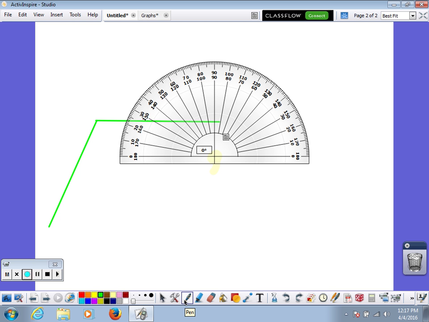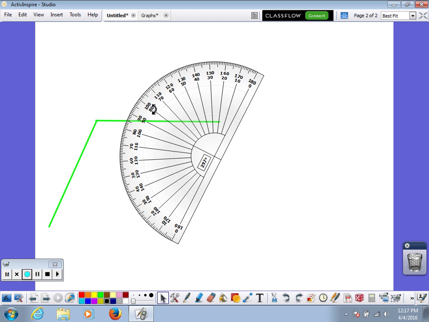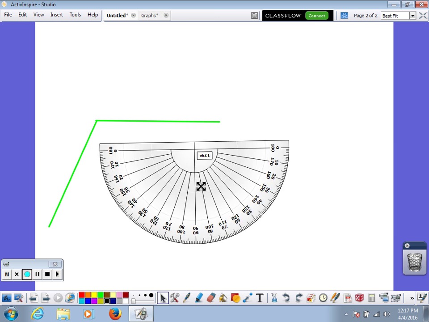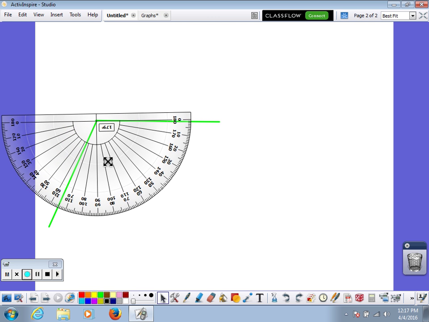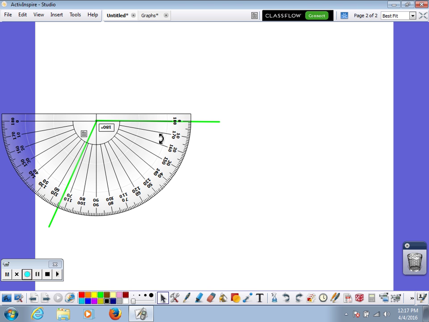So when you move your protractor, first you'll have to rotate it, and you'll want to put those crosshairs right at 0, 0, right at the center of the angle where your two lines come together. You'll also want to put this 0 line on one of the lines that you drew.